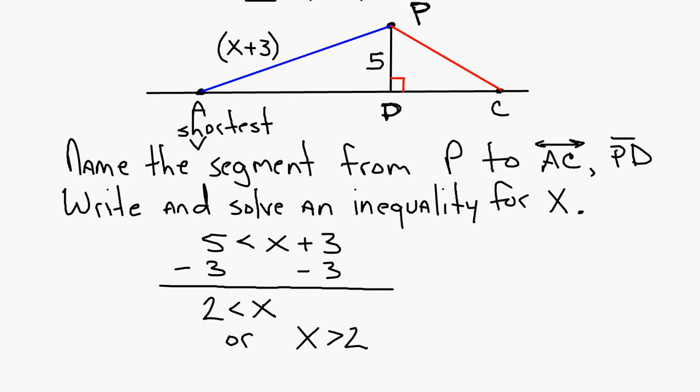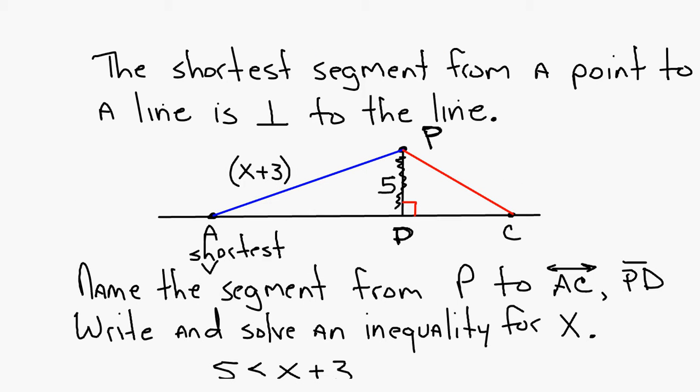Do you see this segment right here? Isn't it perpendicular to the line? Doesn't that make it the shortest segment from P to this line? So 5 is going to be shorter than x plus 3. So 5 is going to be less than x plus 3. 5 would have been less than the red one too. 5 is going to be less than the red one as well.